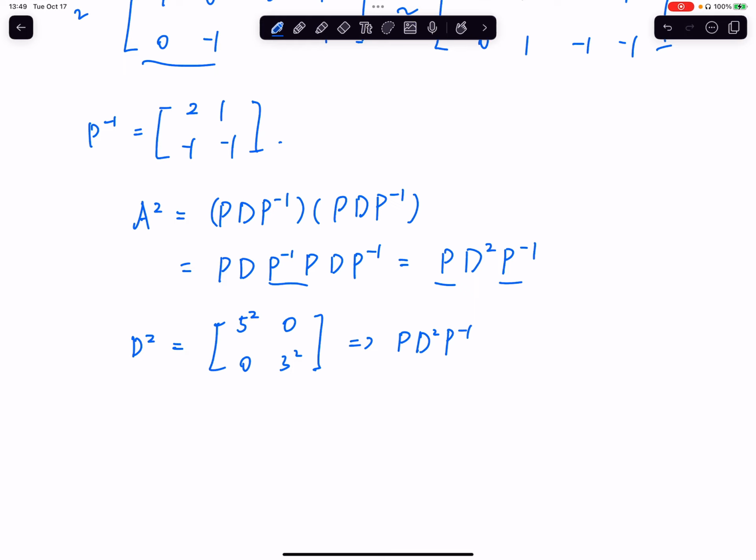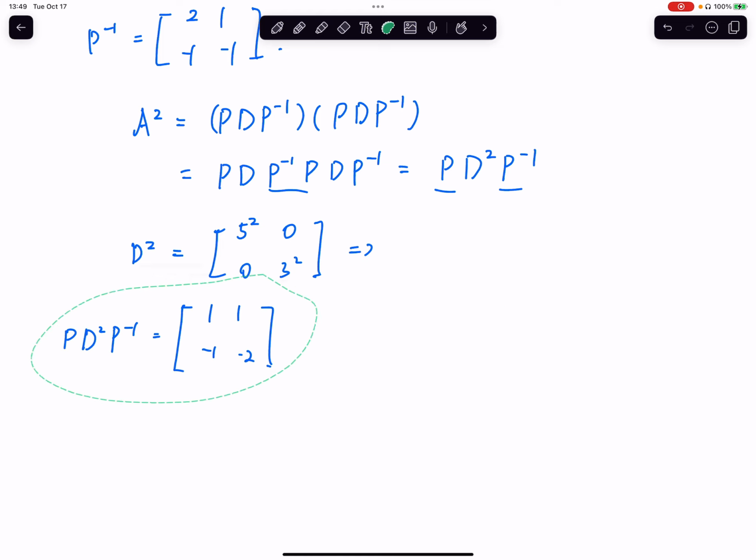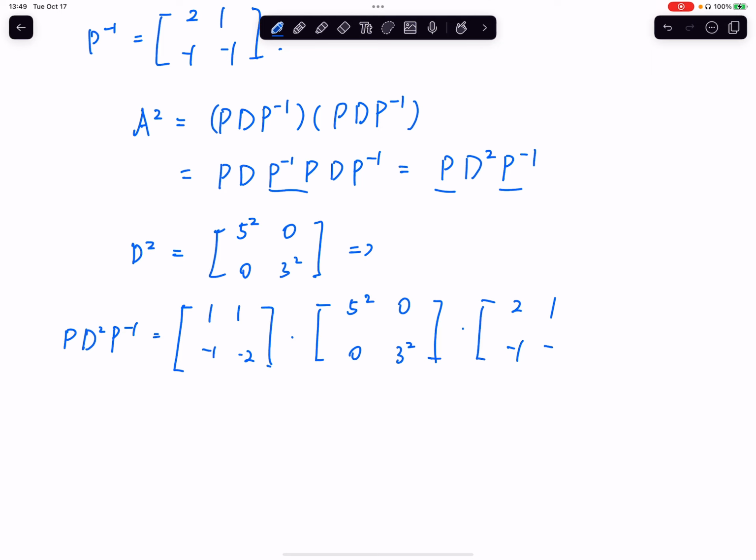That equals, first, P, which is 1, 1, minus 1, minus 2. I'm running out of space, so P D squared P inverse equals this times D squared, and then times P inverse, which is 2, 1, minus 1, minus 1. Similarly, we know that A cubed equals P D P inverse times A squared.